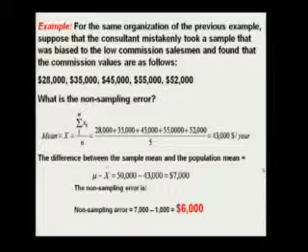This is very important, and it's always a good thing to do before you start sampling to be aware of the possibility of sampling error and non-sampling error. The awareness here means don't make gross mistakes. Make sure that the sample is representative of the population.